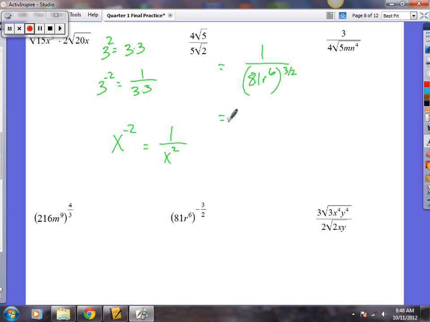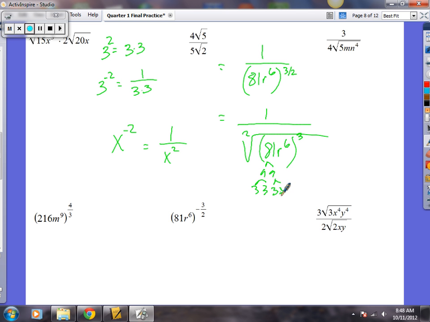That's move number 1. Move number 2, let's morph it. So let's go 81 r to the 6th. My 2 is going to be a square root, and my 3 is going to go here. Okay, let's bust up 81. That's 9 and 9. That's 3 and 3. 3 and 3.